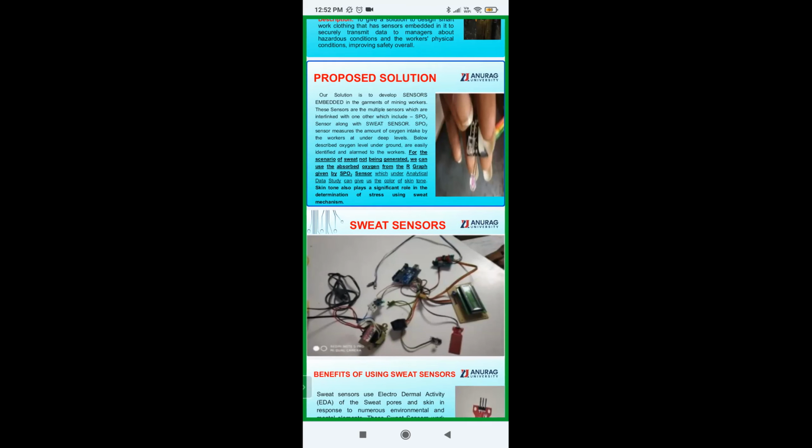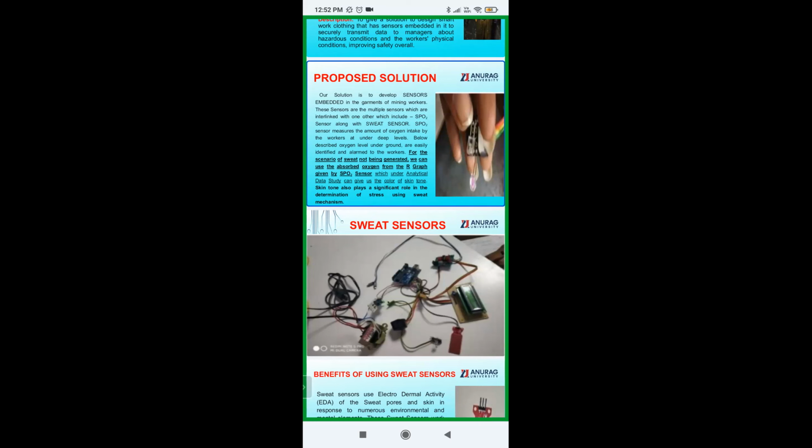For this, we have taken this proposal of sweat sensors, and in the case of sweat not being generated, we are going to activate the SpO2 sensor, which is linked to the sweat sensor. The SpO2 sensor measures the absorption of the oxygen present in the blood, the output of which we get as an R graph.